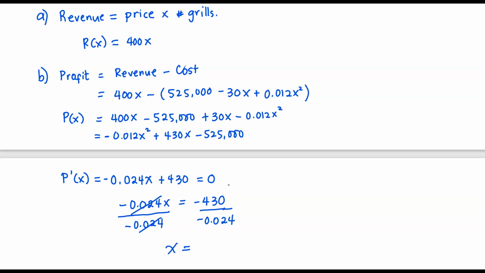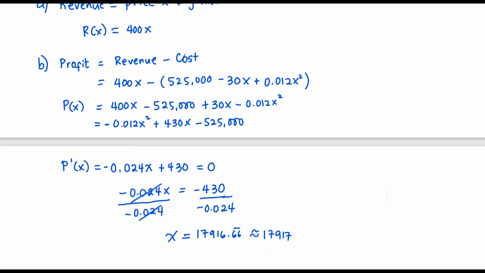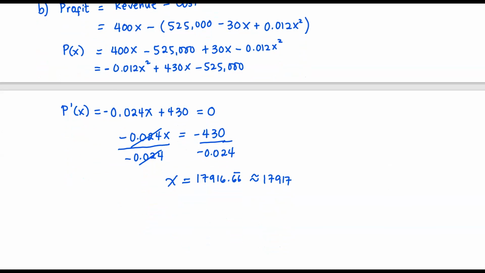So x therefore is equal to 17,916.666, which you could round off to 17,917. Now next is to find the maximum profit.